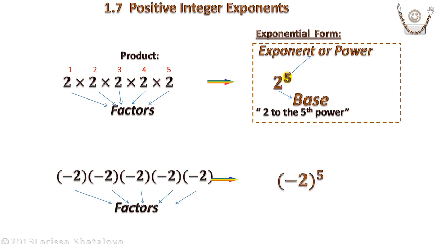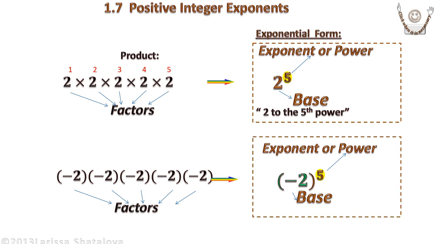So negative 2 is a base and 5 is an exponent or power. Please pay attention that if the base is negative, we must use parentheses. Now, how can we read this? It will be negative 2 to the 5th power.